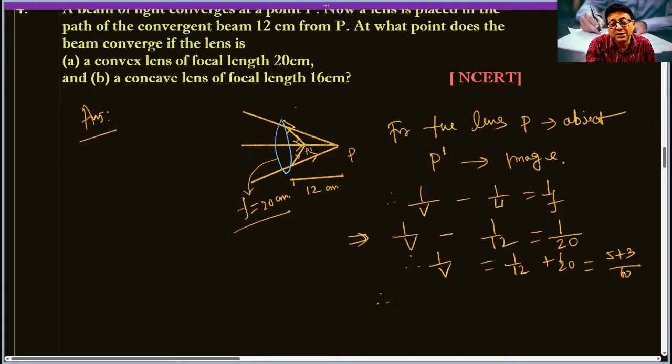So V is going to be what? 60 by 8. Am I correct? It's alright. So the rays supposed to meet at the point P, now they will meet at the point P dash. Draw a clear diagram, then everything will be clear.